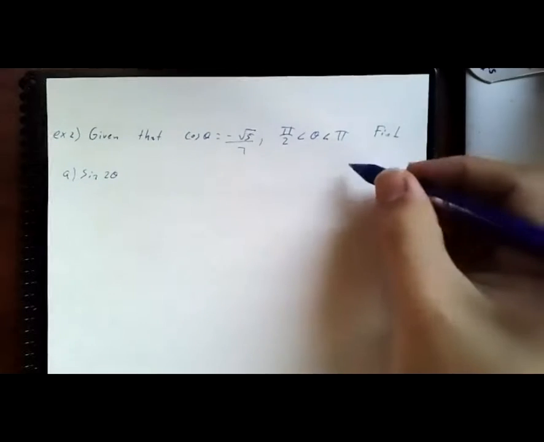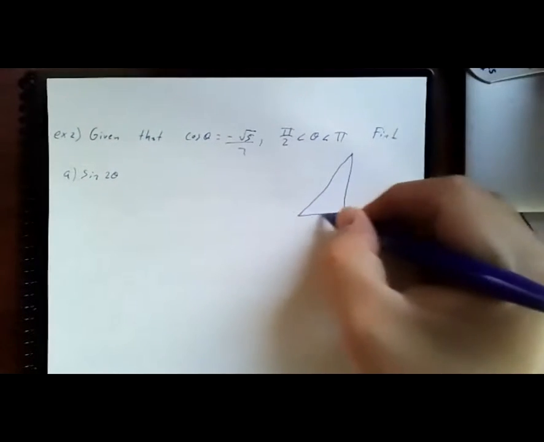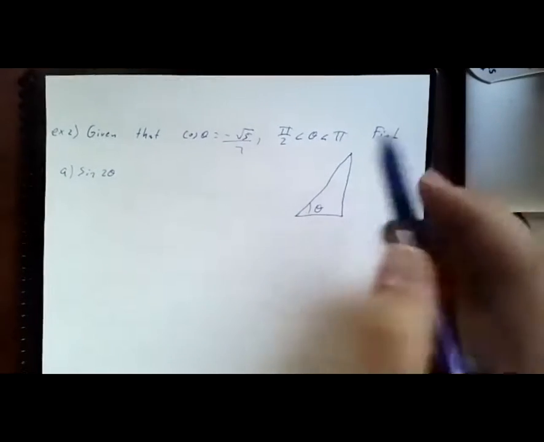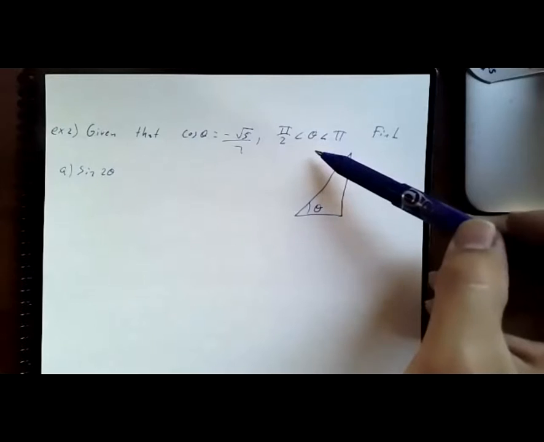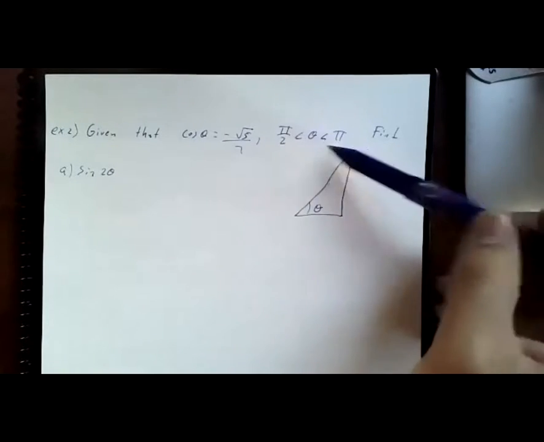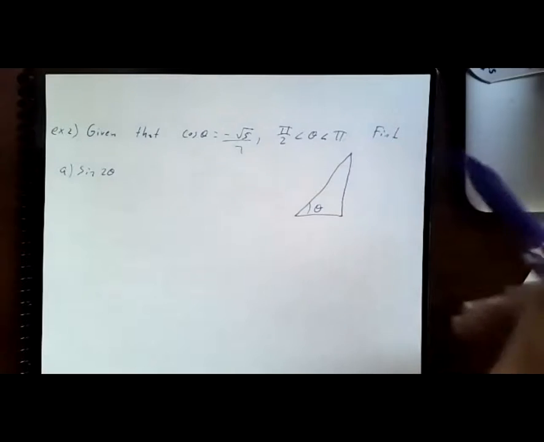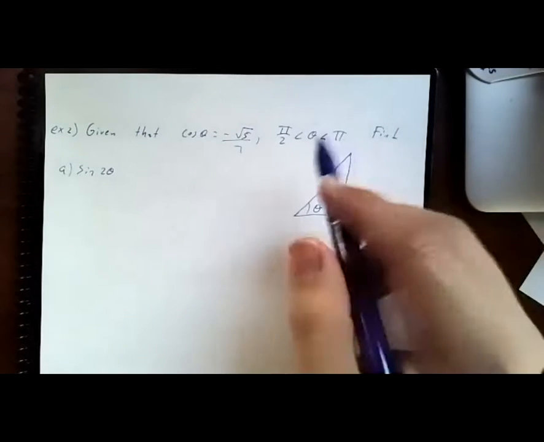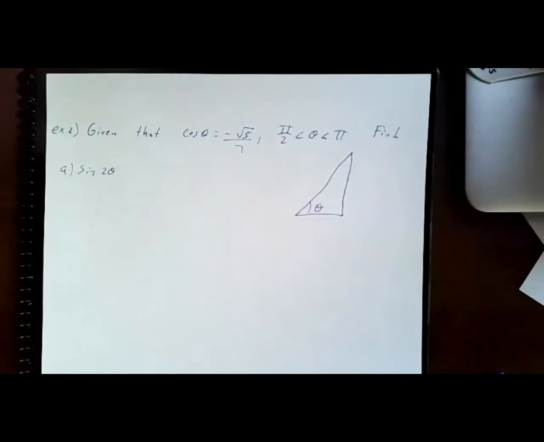It helps to start with the triangle, so make sure we build it. Here's theta. Which quadrant is this? Pi over 2 to pi. Yeah, it's quadrant 2, and in quadrant 2, cosine is negative, right?